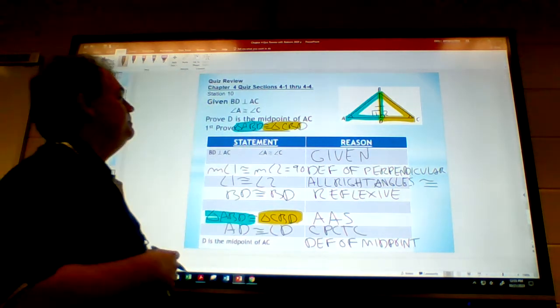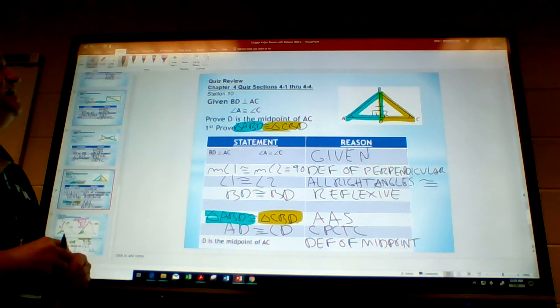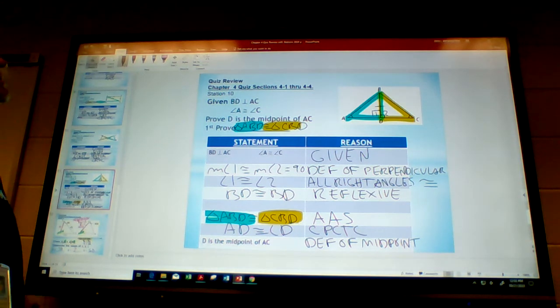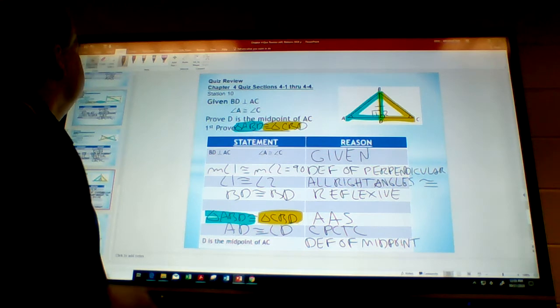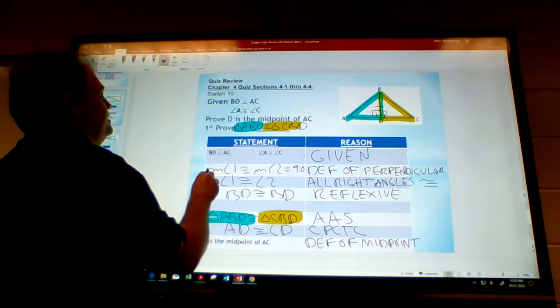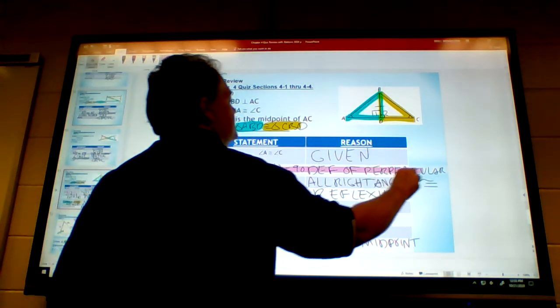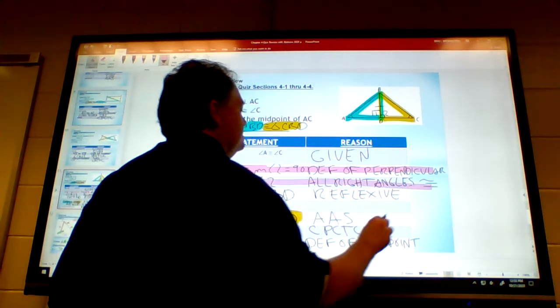We got our given. Then we have angle 1 has an equal measure with angle 2, which they both equal 90. That is by definition of perpendicular. Now this is a two-step process, and I'm going to highlight that right there because it's very important that you know this. You have to include both of them.